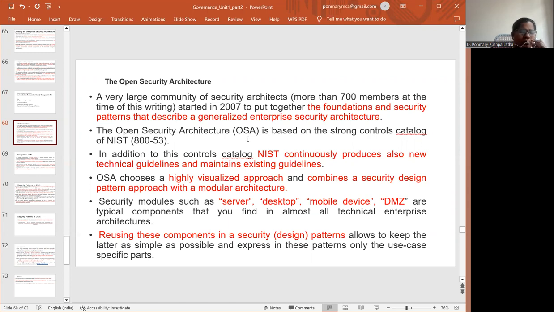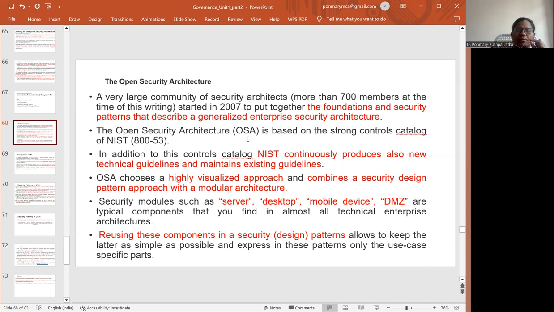It also gives new technical guidance, and existing guidelines are also maintained. For example, if some guidance has already been followed, the same thing is maintained, as well as the new things also followed. And here it gives a high virtualized approach.